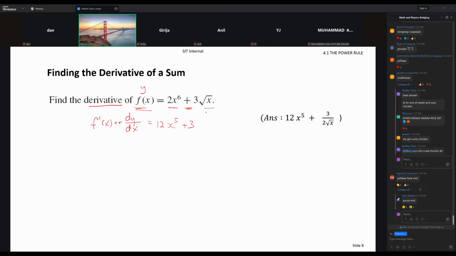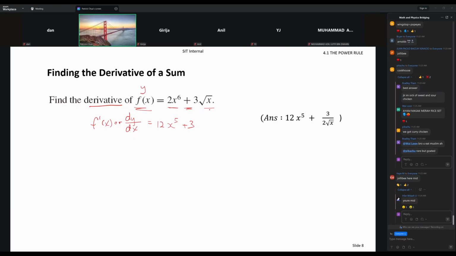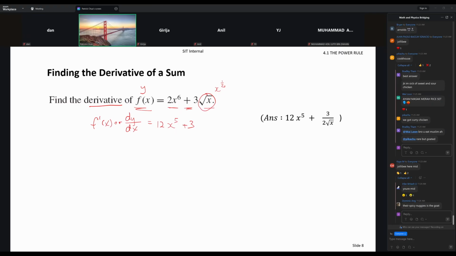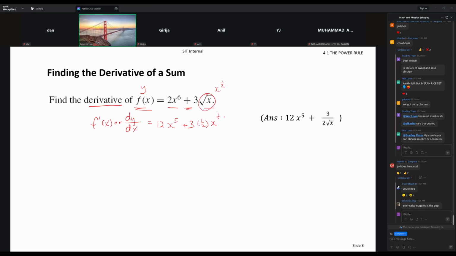And you differentiate root x. Remember this is x to the power of half. So you bring the half to the front, times x to the power of half minus 1.